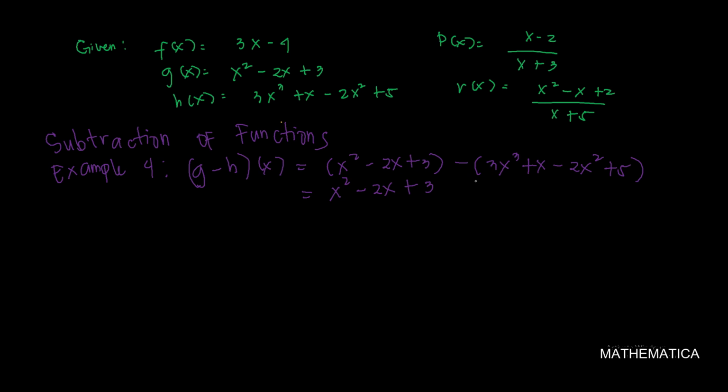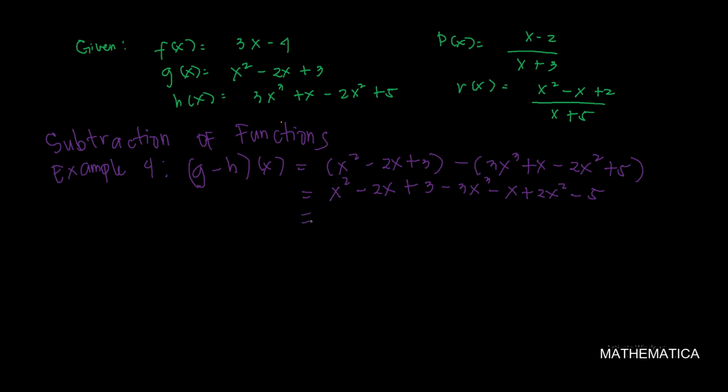So, negative multiplied by 3x cubed, we will have negative 3x cubed. Negative multiplied by positive x, negative x. Negative multiplied by negative 2x squared, we have positive 2x squared. Negative multiplied by positive 5, we have negative 5.